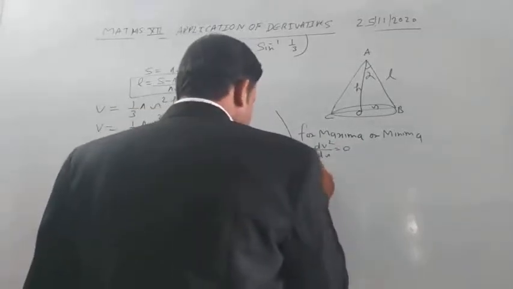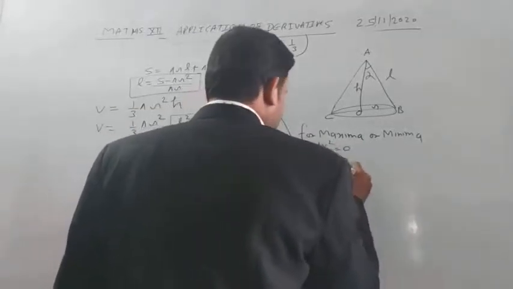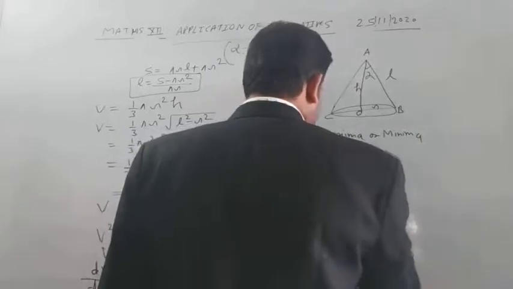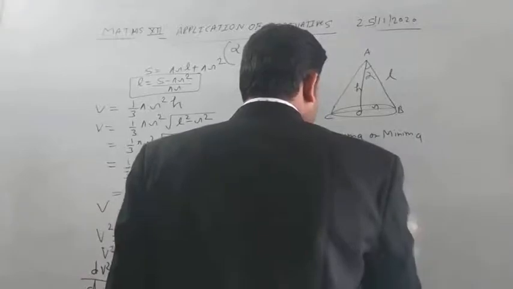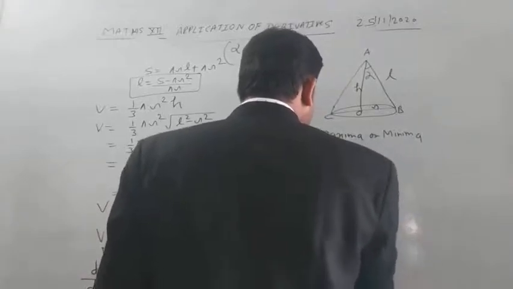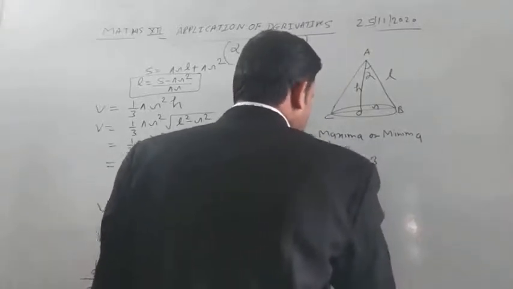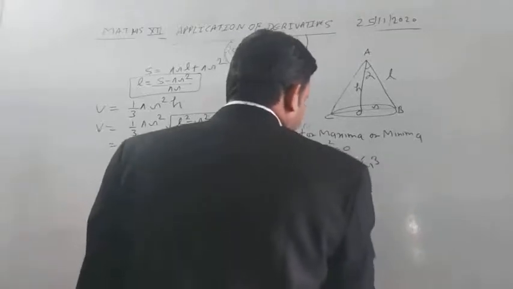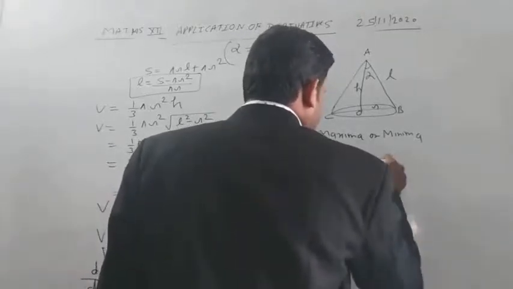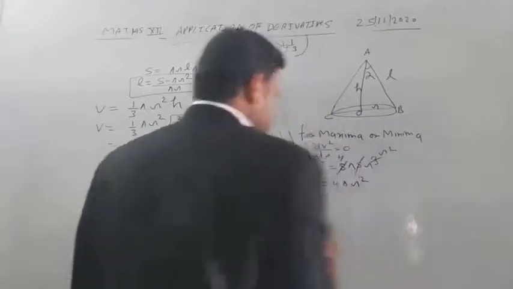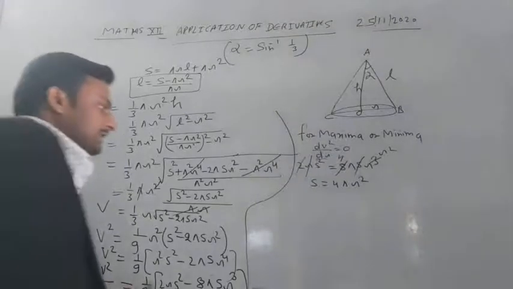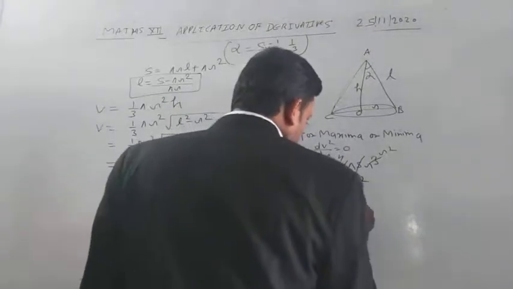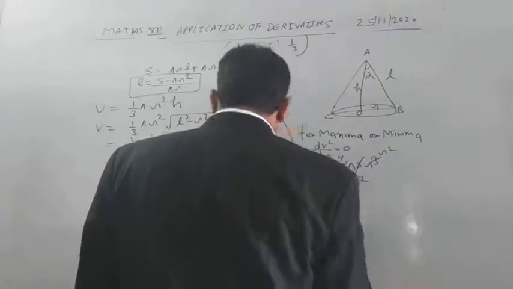So 2 r s square is equal to 8 pi s r cube. This 2 is cancelled with the 8, leaving 4, so s is equal to 4 pi r square. So s is equal to 4 pi r square we are getting, and r is equal to under root s by 4 pi.